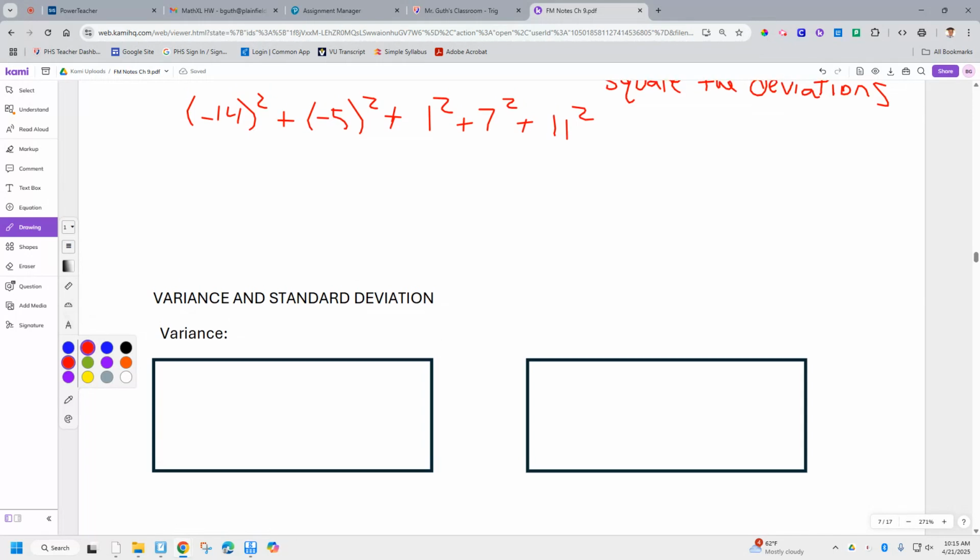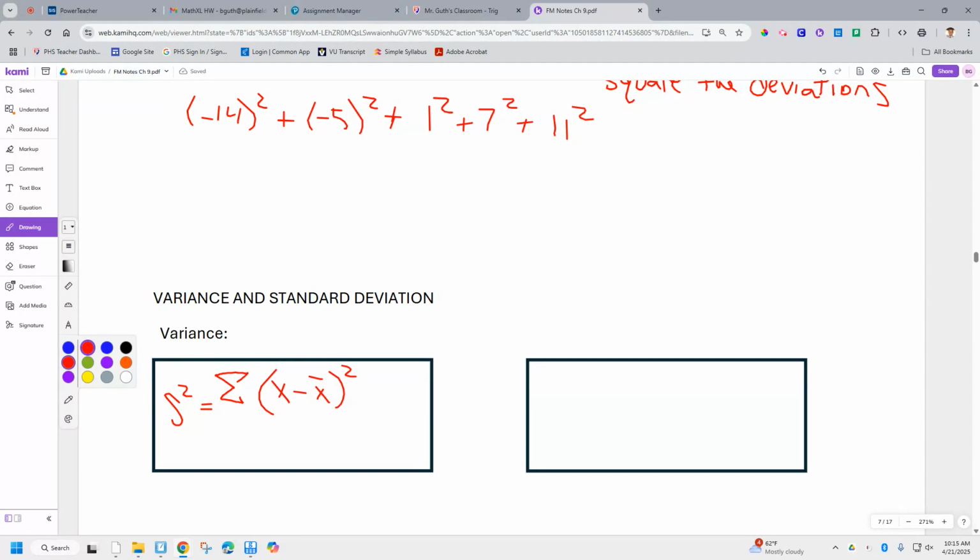We have two different formulas for variance. Remember, for a sample, that's S squared. And capital sigma means sum, so we're going to have to add some things together. That's what we do when we find the mean anyway. We add up the numbers or whatever. But that's capital sigma. That means sum of x minus x bar squared.